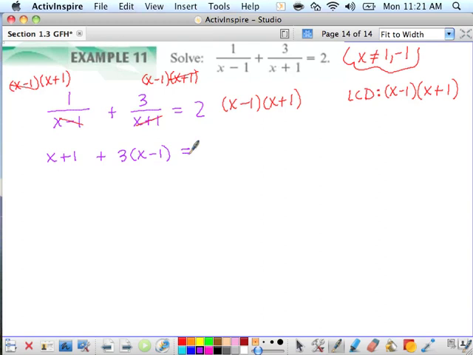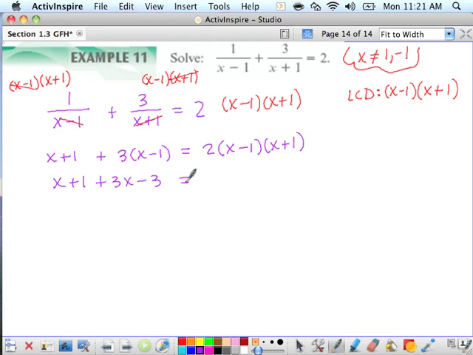And on the right side, nothing cancels. So I have a 2, an x minus 1, and an x plus 1 that has to be distributed. So if I clean up the left side, I have x plus 1 plus 3x minus 3 equals, does it matter what order I multiply these over here?